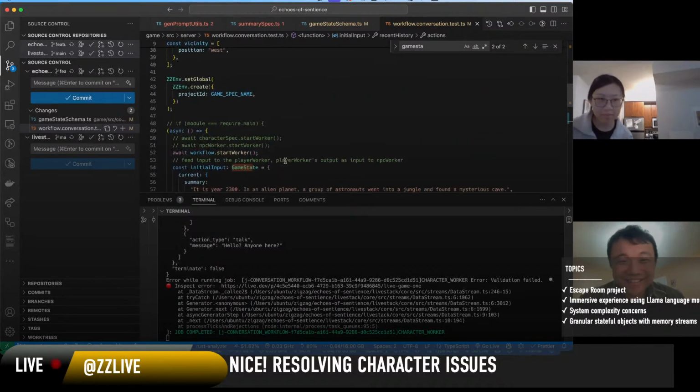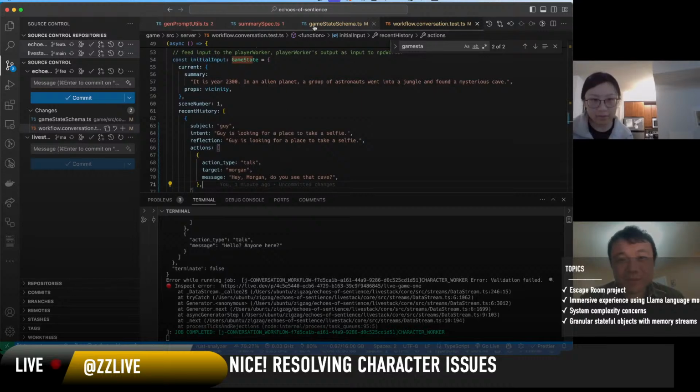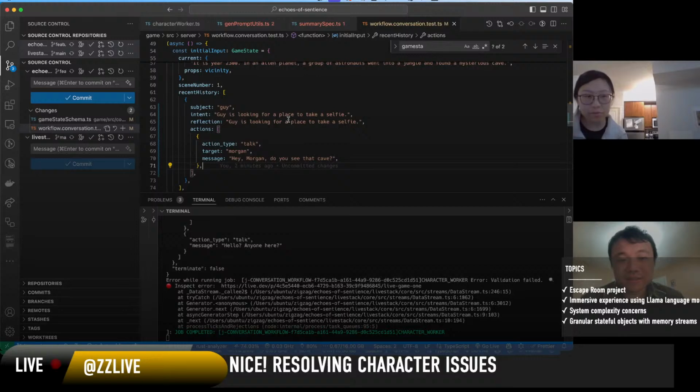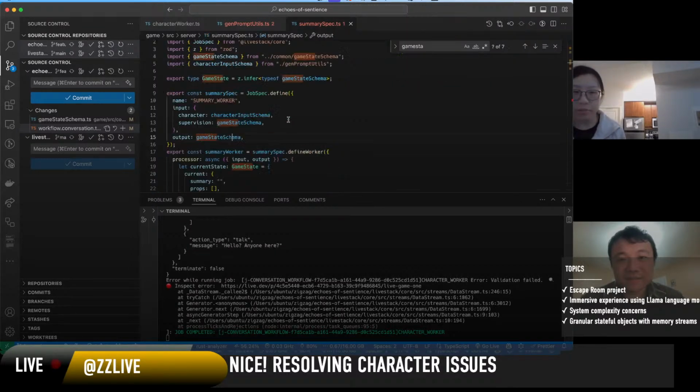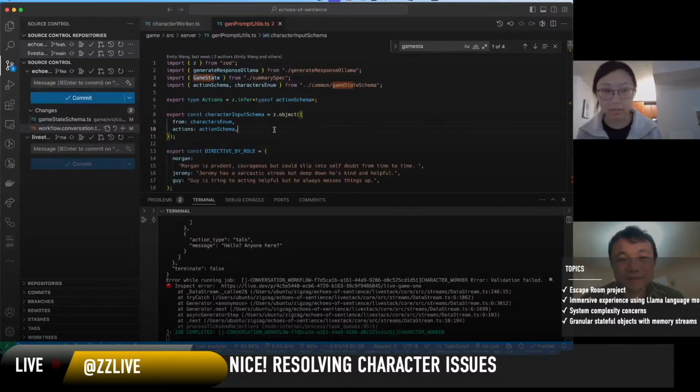Okay, I'm trying to understand. This as is, so what's the problem with this? So the problem is we haven't properly passed around intent and objective yet.